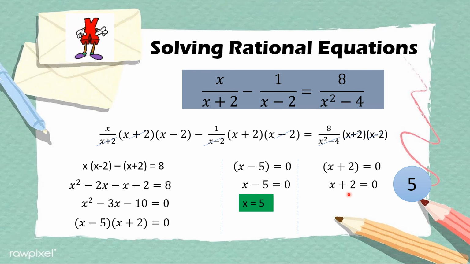And x plus 2 equals 0, it is x equals negative 2. So in this case, you have two solutions for this rational equation. So all you have to do is check one by one if each solution is a correct solution for this rational equation.